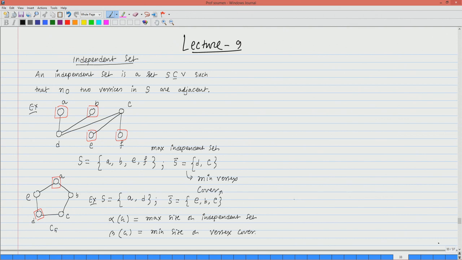So, let us prove this theorem, and this is in general true, that in a graph G, S is an independent set if and only if S complement is a vertex cover.